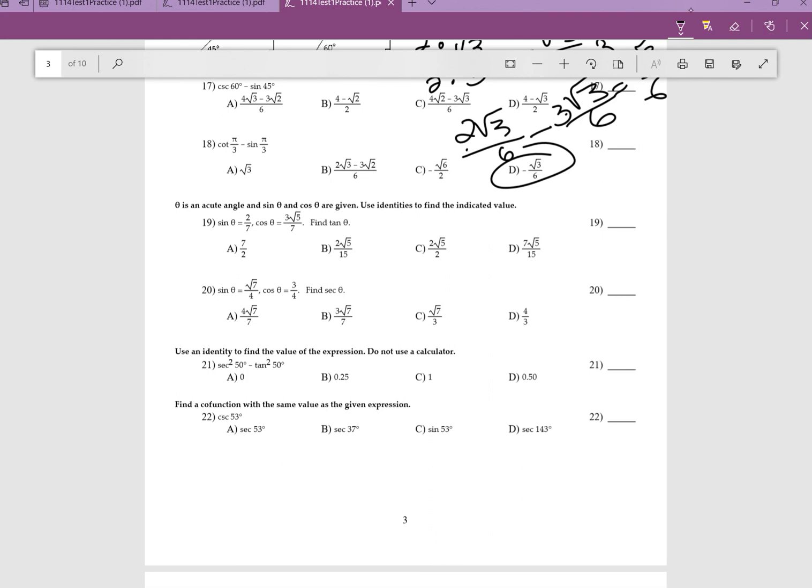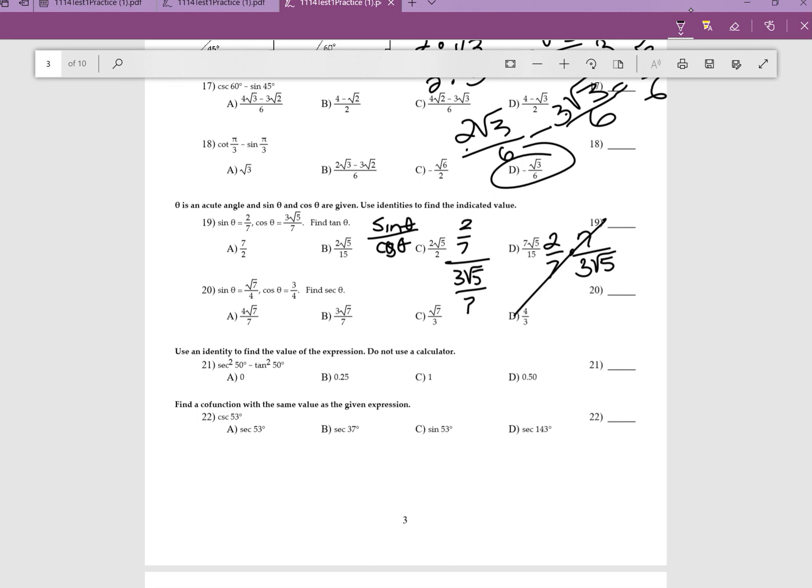Okay, let me do the last two here, 19 and 20, and then I'm going to stop this part of the video. So tan theta, as we know, is sine theta over cosine theta. Right? And so they tell us sine theta is 2 over 7 over 3 square root of 5 over 7, which is cosine theta. So keep, change, flip. So basically 2 over 7 times 7 over 3 square root of 5.